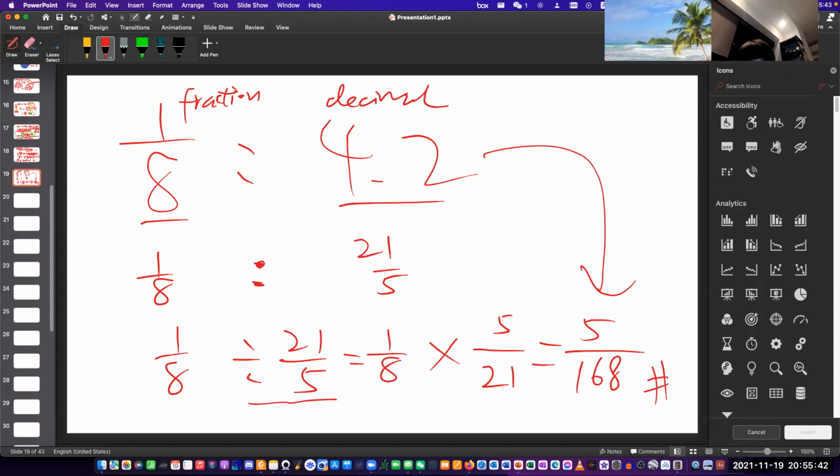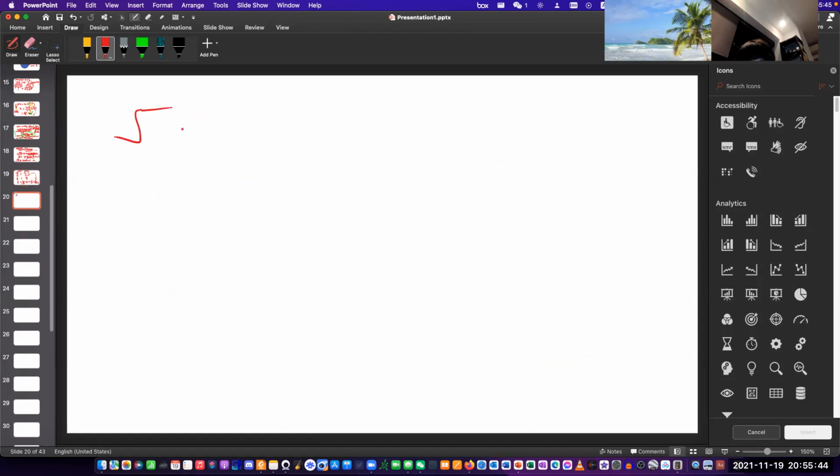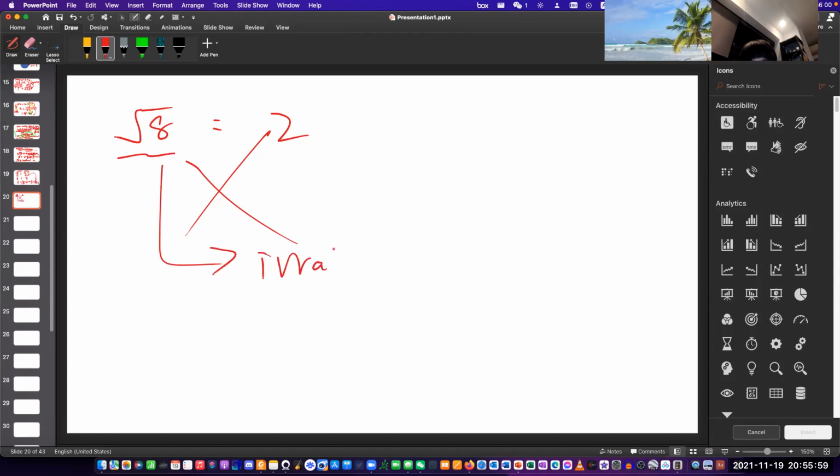Okay. Then how are you going to express square root 8 to 2? You cannot. You know why? It can't be done, because this is not a rational number. This is an irrational number.